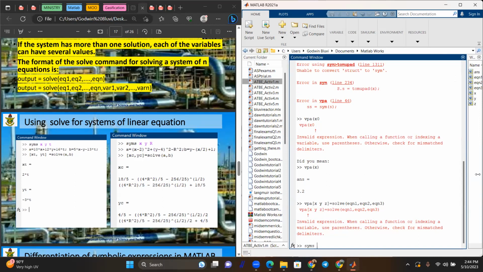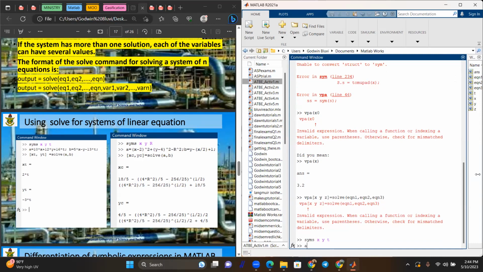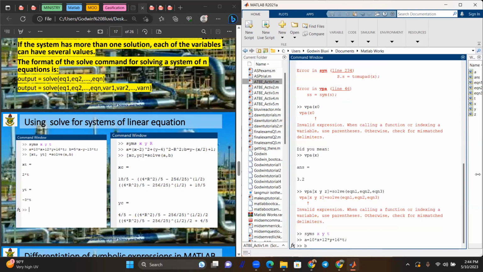So syms X, Y, and T. Then A is equal to 10 star X plus 12 times Y plus 16 times T. Then B is equal to 5 star X minus Y minus 13T.